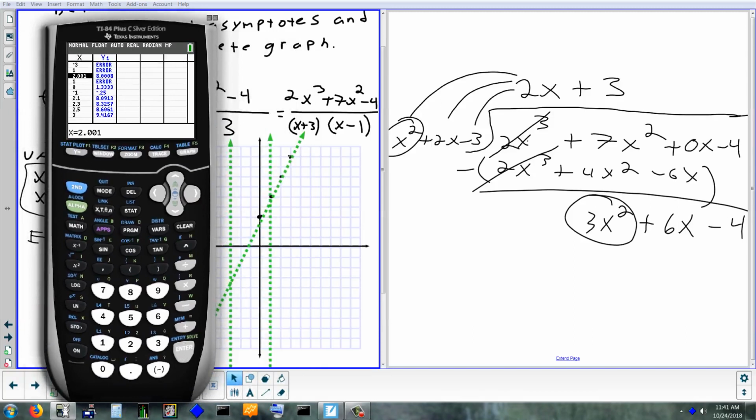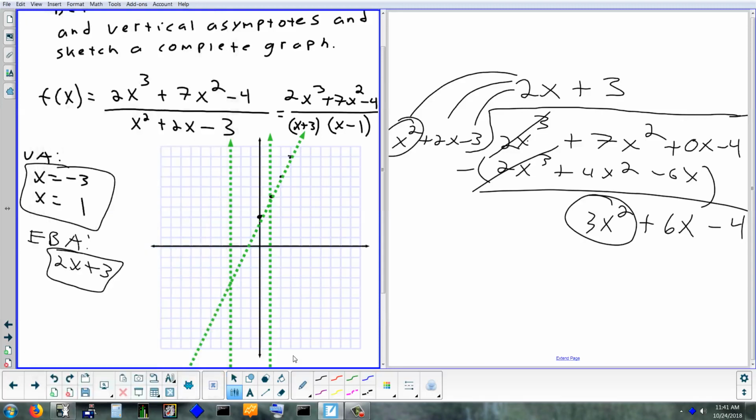Okay. What's a value just to the left of -3? Yep, kind of. -2.99. Okay, we can do that one. It's not to the left, but that is one I want to do eventually. So -2.99, we're over -1200. So that would put me way down here.